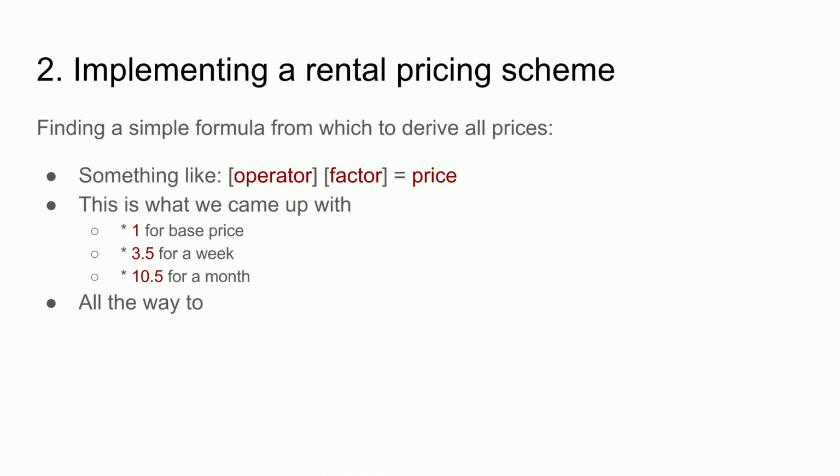For a week, it's 3.5. So 3.5 times the basic price will give you a week rental. 10.5 will give you the adjusted price for a month rental, etc., etc. All the way to, if you want to purchase this, we looked at everything, and 195 was the magic number.